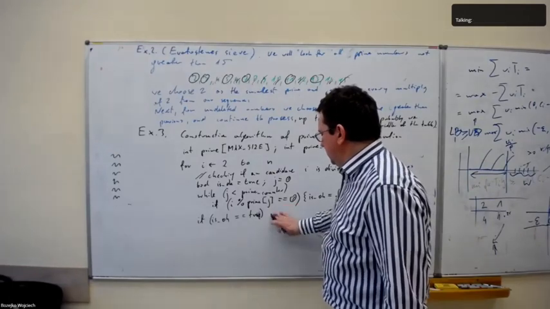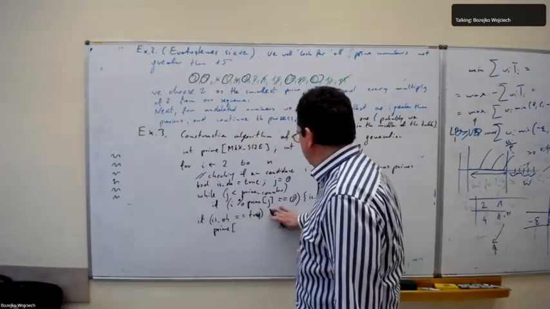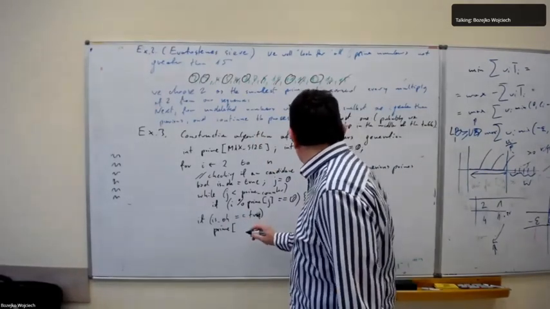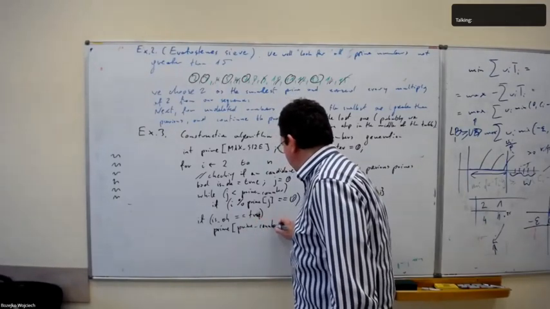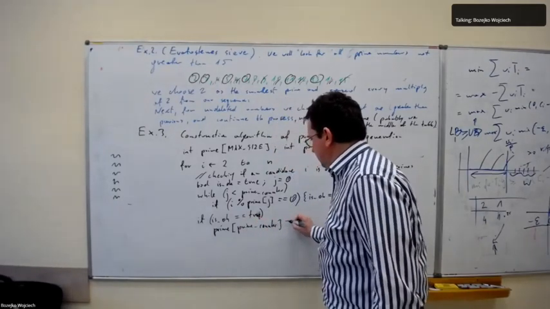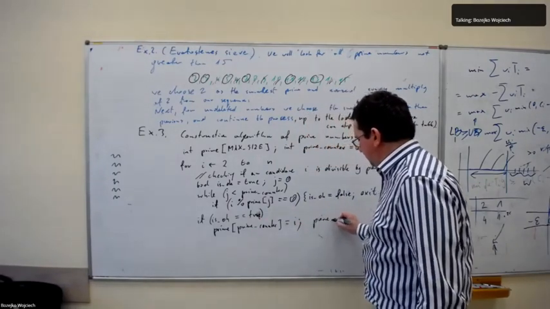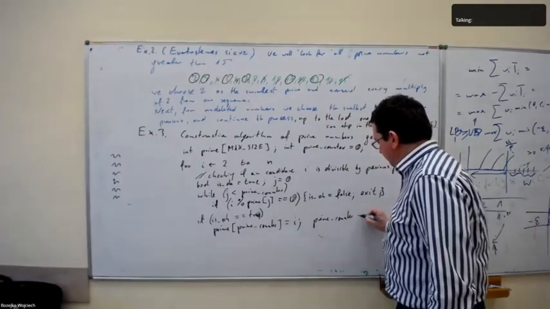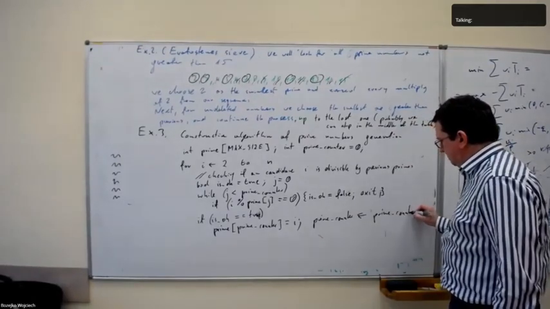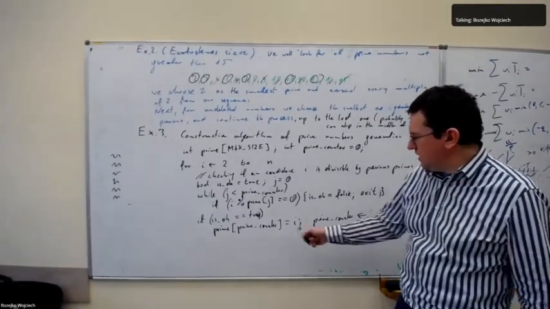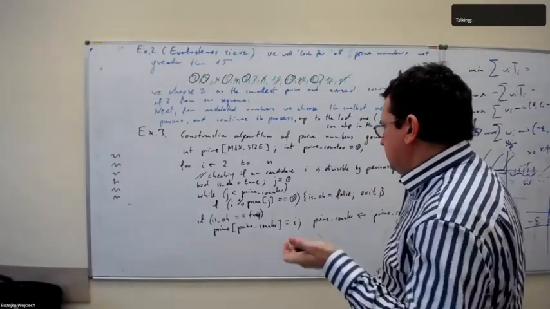So we just write that prime at prime counter is this candidate i, and of course this prime counter we add 1. Of course, we can do it here, but it doesn't matter. And that's all, I think.